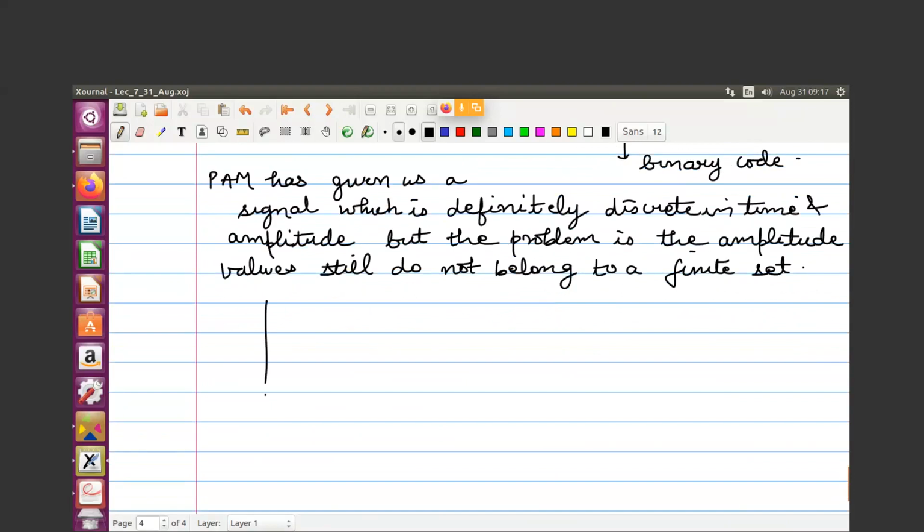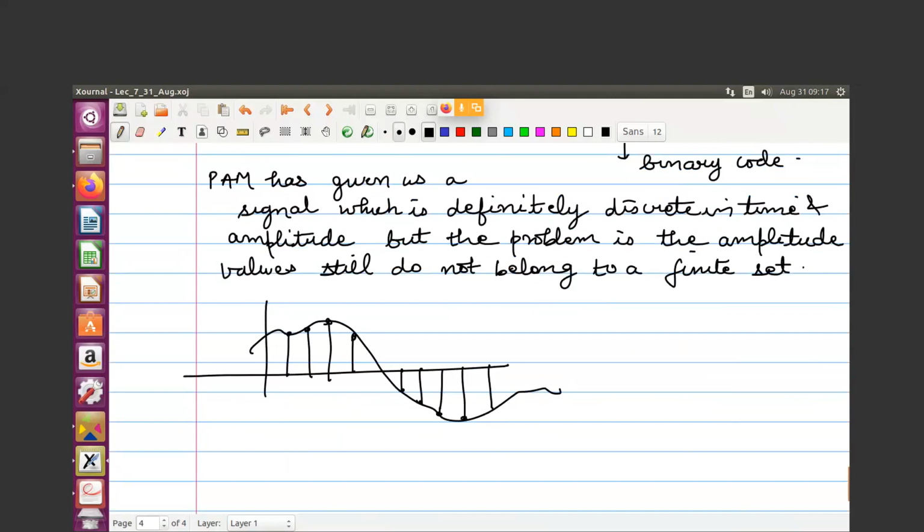What we have done is that if there was some sort of a signal, let us say we arbitrarily sample it. So once we sample it, let us say this is the impulse sampling. But if at all you consider the two types of PAM, you will observe that they were just trying to shape this.